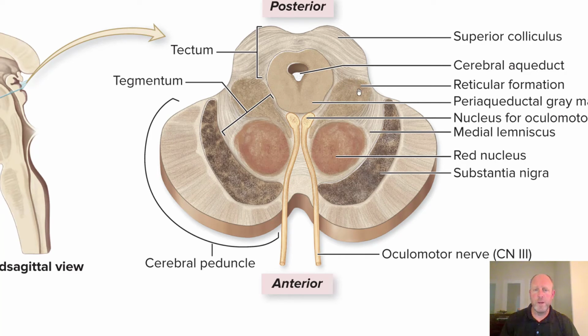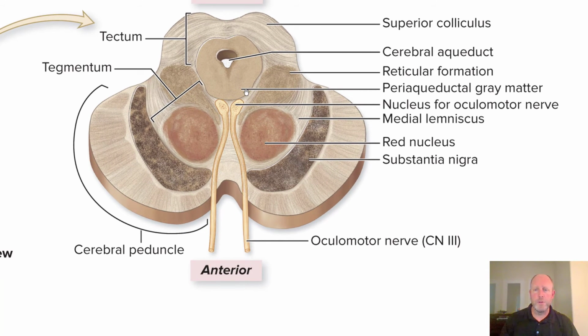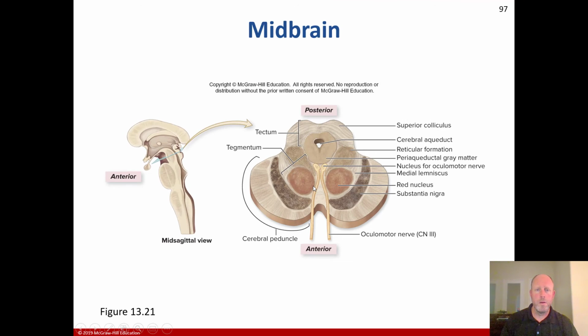We have our reticular formation, the tegmentum here, the periaqueductal gray matter, our nucleus for the oculomotor nerve, and we have our medial lemniscus here, our red nucleus, our substantia nigra, and this entire section here is the cerebral peduncle on either side there, and the oculomotor nerves here.